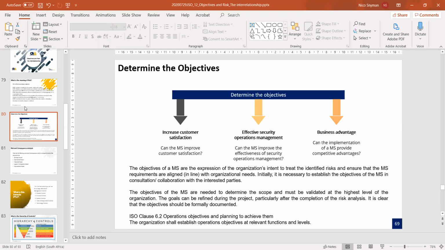Now, without objectives, as per the definition, you don't have risk. If your objectives are not defined correctly, you don't have risk, because you cannot determine the effect of uncertainty on objectives.